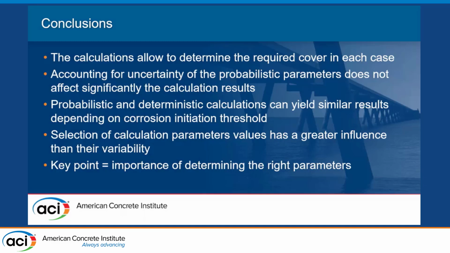And we need also to take care of selecting the right calculation parameters. This is what has the greatest influence, not necessarily the variability, but the exact determination of what we put in the calculations. So that's the key point, the importance of determining the right parameters.